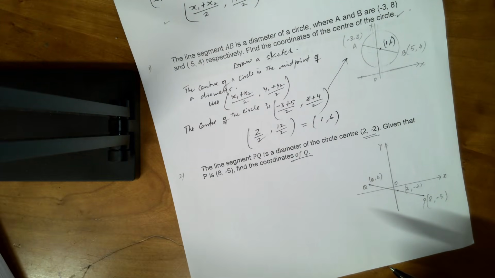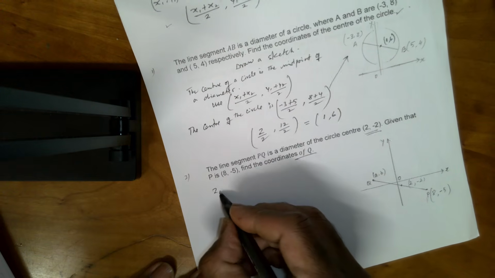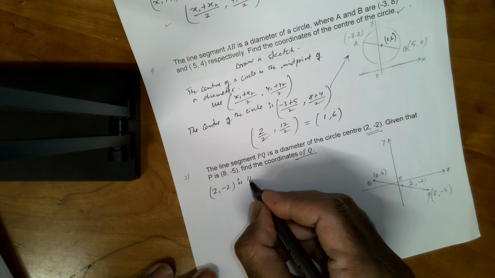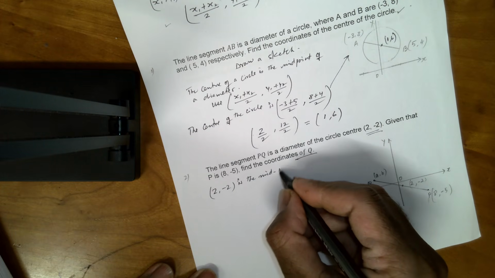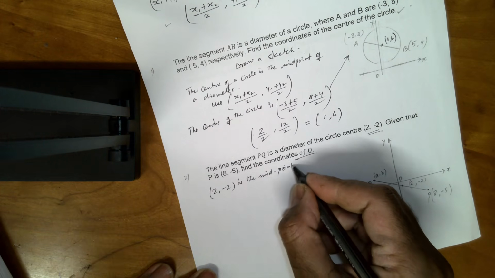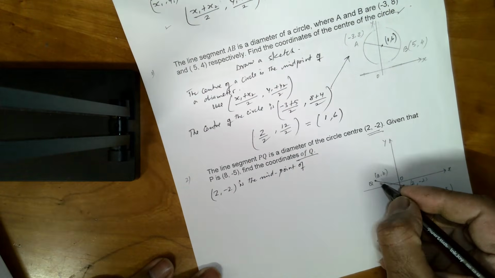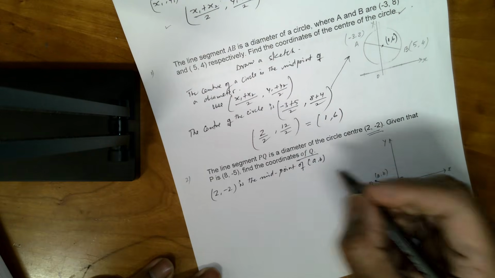Right, so I write down for you step by step here. So 2 and -2 is the midpoint of AB. You need to write all of that here, because you need to really explain what you're doing.